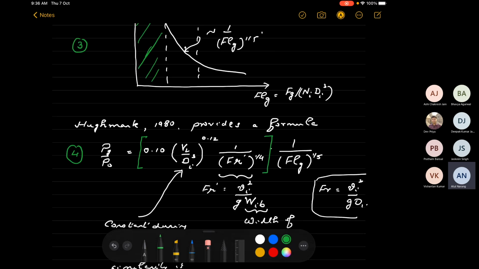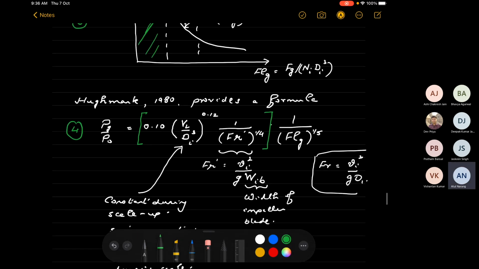And I also told you that there is a formula. It's not quite expressed in this form, so I've not given you the original reference, but it reduces to this form if you work your way through it.